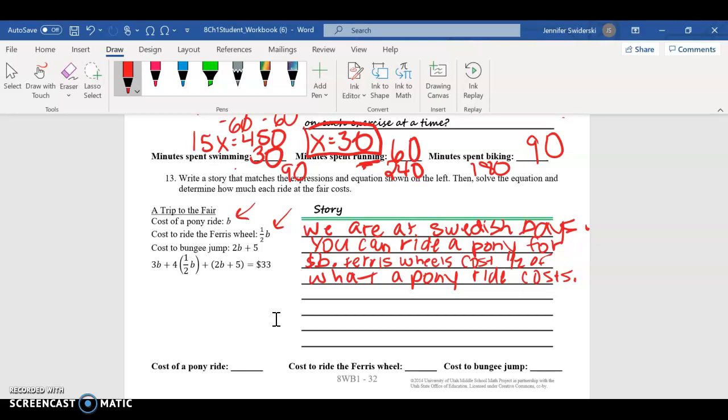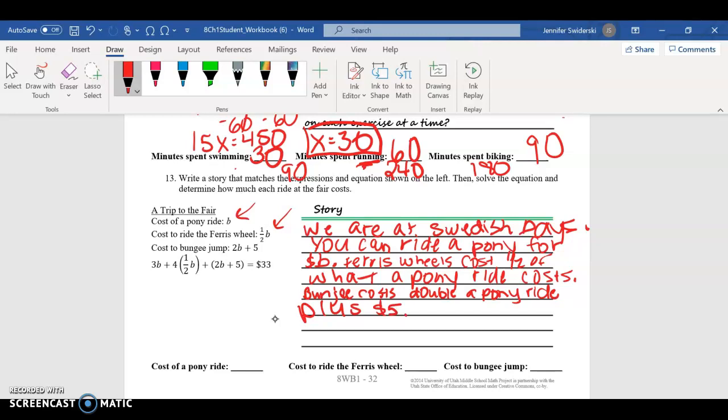Well, what did B represent in this situation? Oh, a pony ride. So it's double what a pony ride is plus how much money? Yeah, plus 5. So bungee jump costs double a pony ride plus $5.